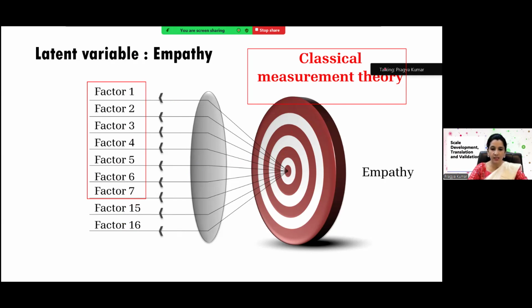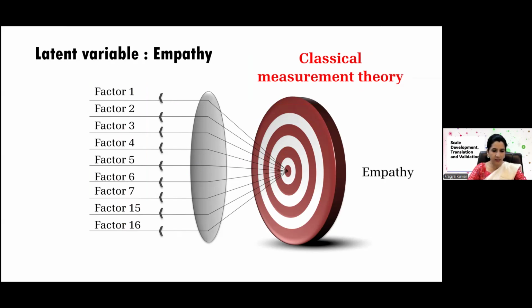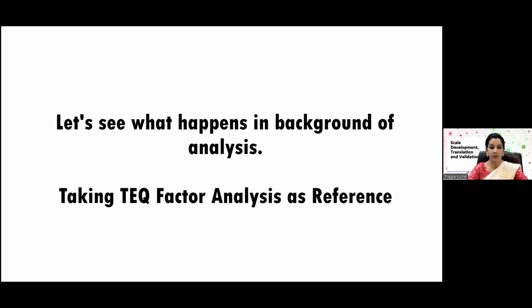What classical measurement theory says is that if there are 16 items, there will be 16 factors. It means one item will be measuring one factor. That's the underlying assumption of classical measurement theory. Now, whenever we do factor analysis, what is happening in the background?